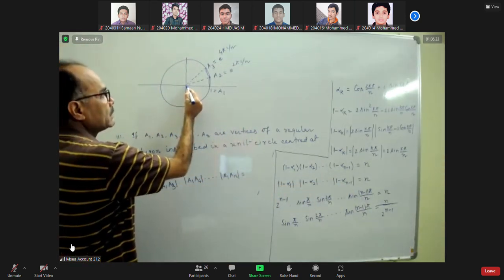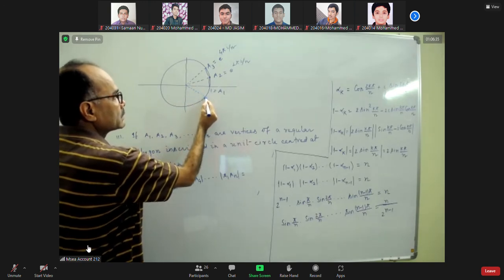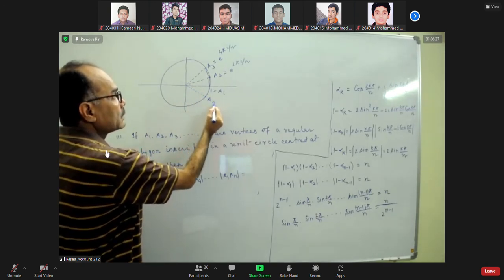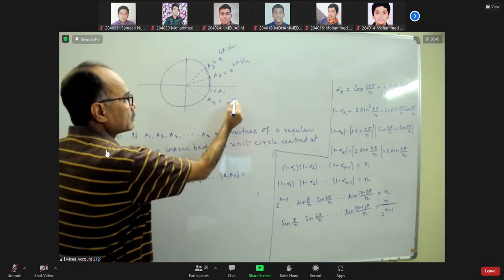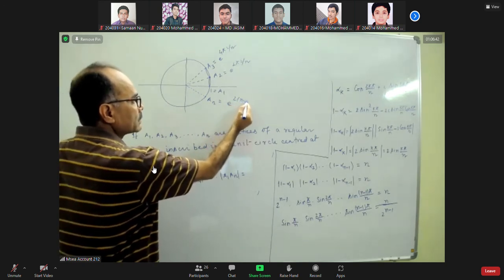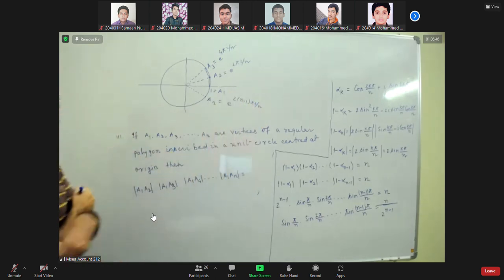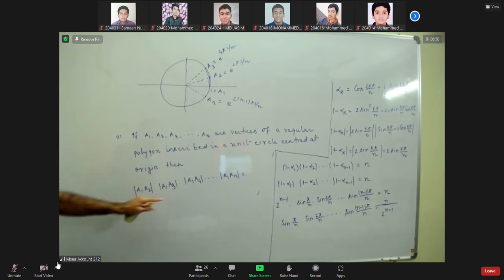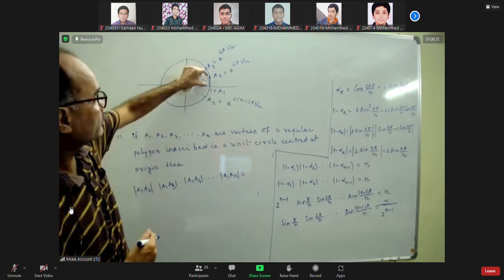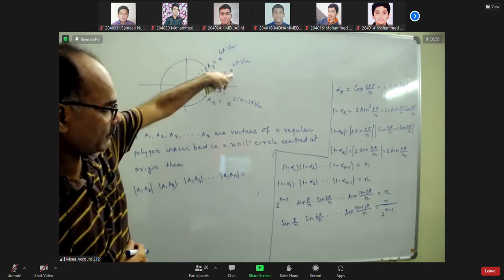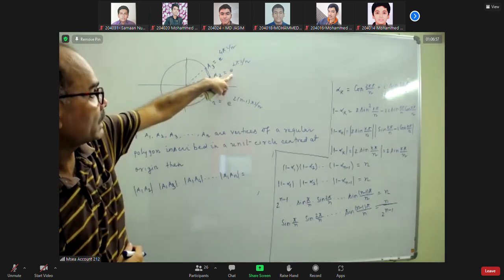AN will be e to the power 2 into n minus 1 into pi i by n. So this quantity is nothing but A1A2, the mode of this, 1 minus e to the power 2 pi i by n.